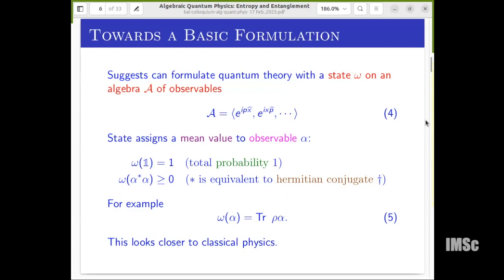The question is, given the measurement statistics of the quantum system, can I immediately identify this state omega? No. The question should be, how many measurements should I do to recover the state omega? Let's say I have a sufficient number of them.